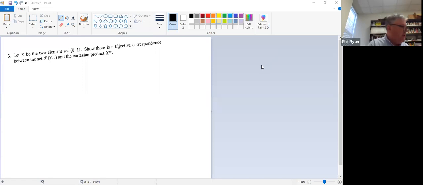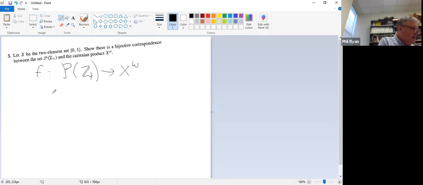Okay, for problem number 3, we want to show there's a bijective correspondence between the power set of the positive integers and the Cartesian product X^omega, where X is {0, 1}. Well, this is pretty straightforward. Let's set up that bijection. So f, let's say, going from the power set of Z plus to X^omega, by defining f of A. Remember, A is some subset of integers.